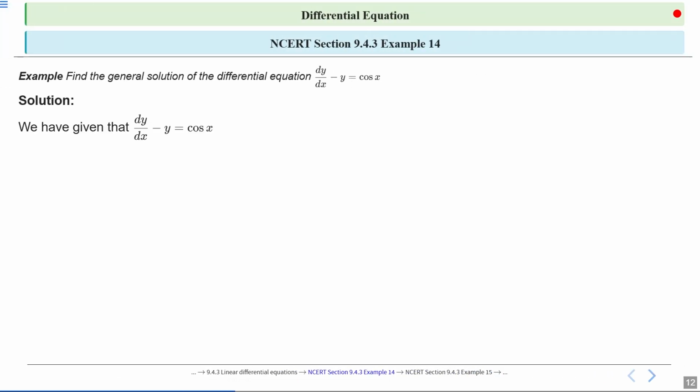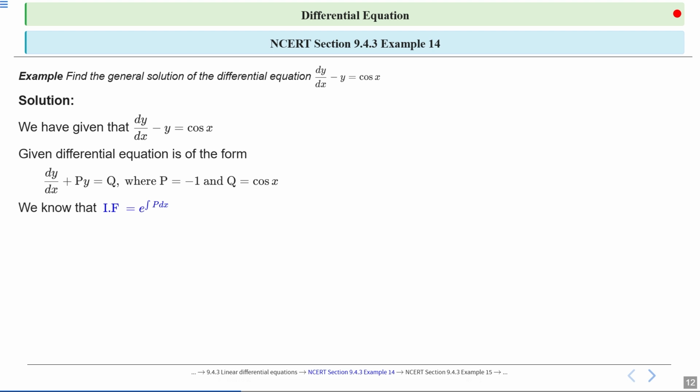The given differential equation is dy by dx minus y is equal to cos x, and it is of the form dy by dx plus py is equal to q, where p is minus 1 and q is cos x. p is constant and q, that is cos x, is a function of x only.